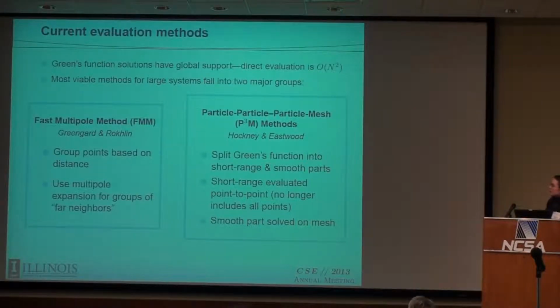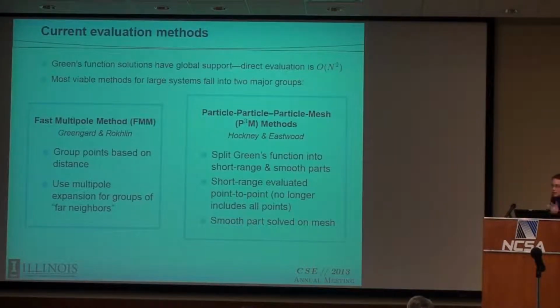If you were here this morning for Professor Biros's talk, you heard a lot about fast multipole methods. Great talk. The idea behind that is that for groups of points that are further away from the point you're looking at, you can use a multipole expansion instead of having to do every point individually.